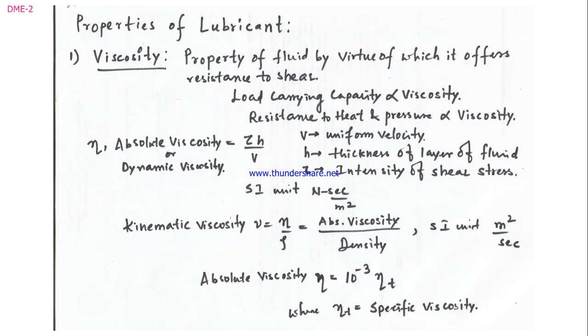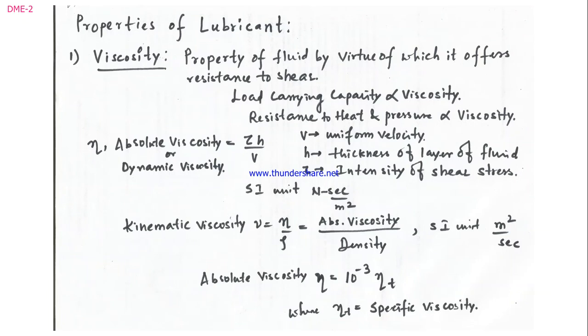Kinematic viscosity is defined as dynamic or absolute viscosity divided by the density of the fluid. Therefore, its standard SI unit comes out to be meter square per second.